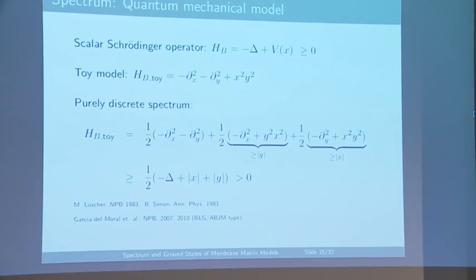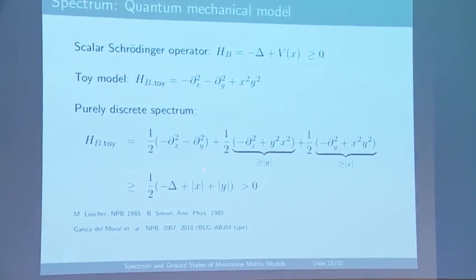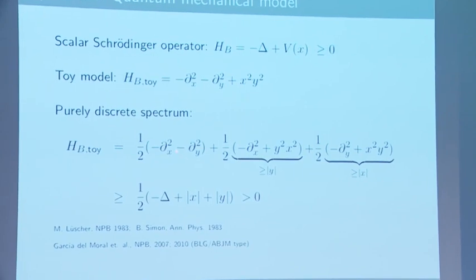So what you can do is take half of your momenta here, and you split your potential into two pieces, half and half, and then you also take half of the x momentum, put it here, half of the y momentum, put it there, and then you consider these two parts separately.